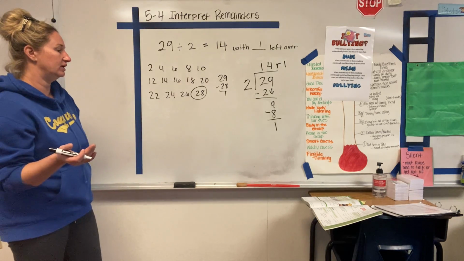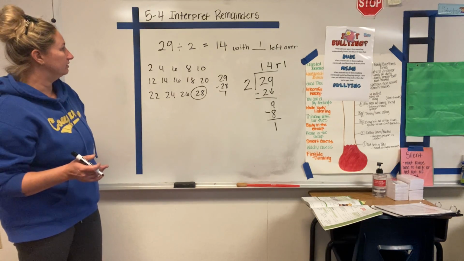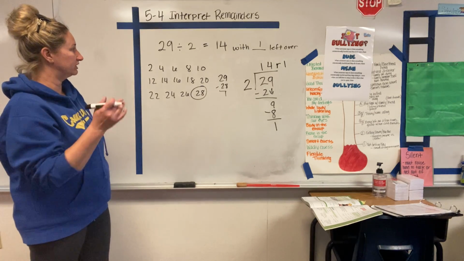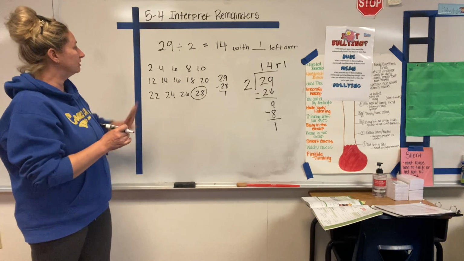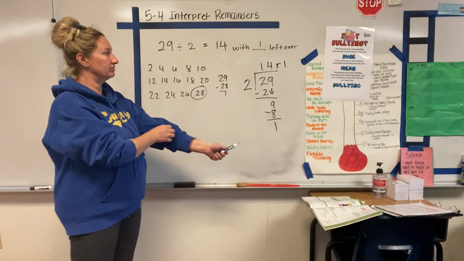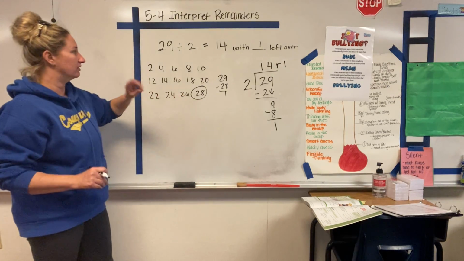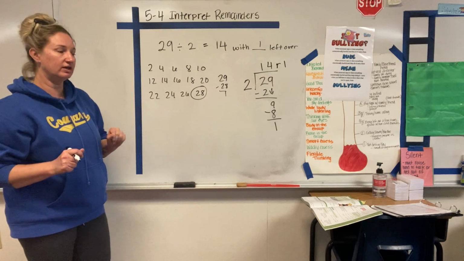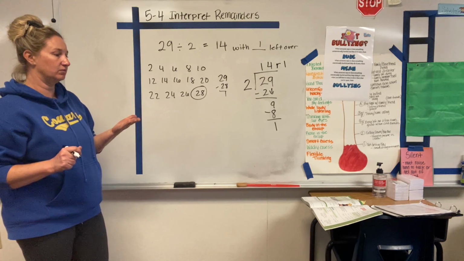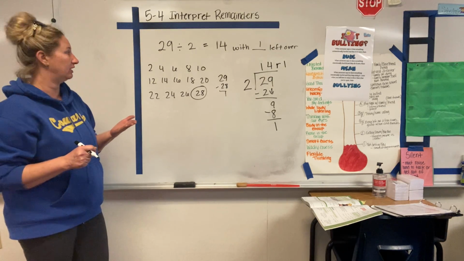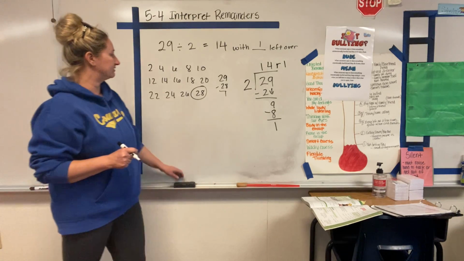So if you need help, you can go back and watch the video and look at the 2 different ways that I did the problems, or you can write these 2 different ways down in your math notes so that you have something to look back at when you're doing your problems in your book, okay?